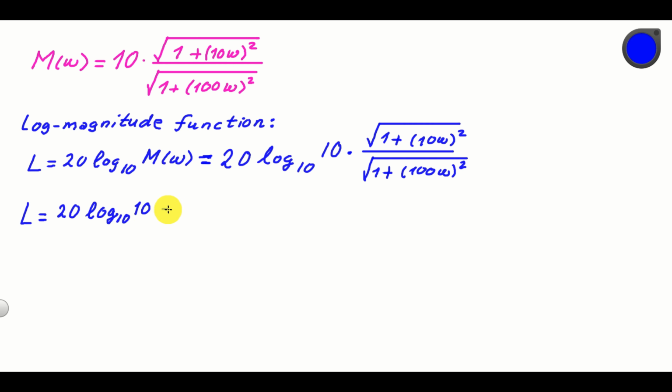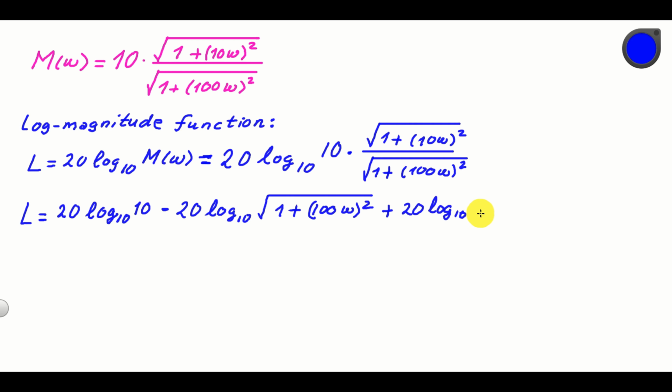Then we will have minus 20 log with the base of 10 of this expression in the denominator, that is the square root of 1 plus 100 omega squared, and then we will have plus 20 log with the base of 10, the expression in the numerator, and here it is 1 plus 10 omega squared, and that's it.